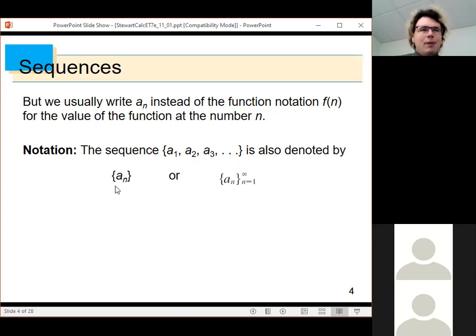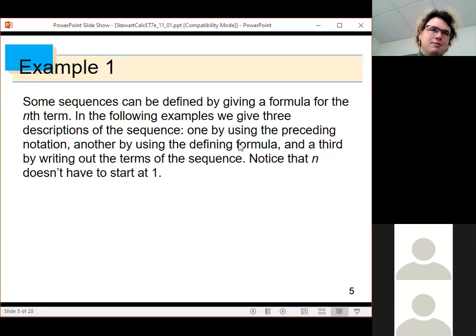Or inside the brackets, you can give a formula for the nth term of the sequence. And in certain cases, it's also useful to explain where the counting for the sequence starts and then show that this sequence is actually infinite. So in some of these things, we'll be able to actually come up with a formula and then work with the formula instead of having to juggle all of that information at the same time.